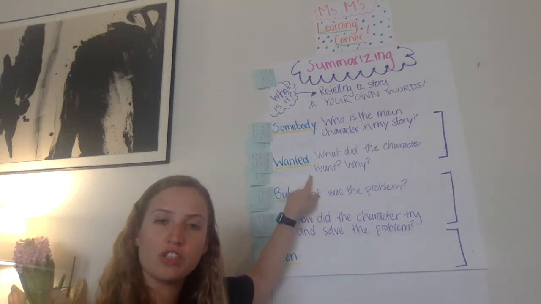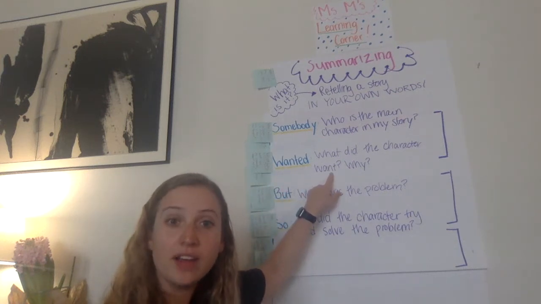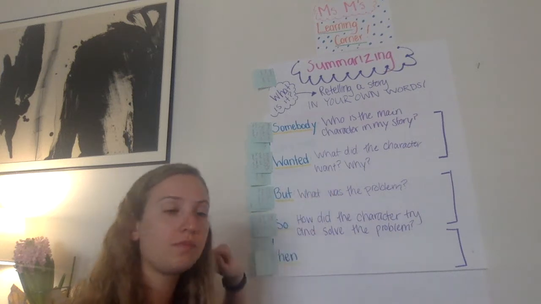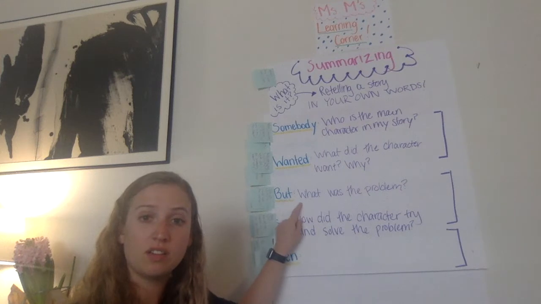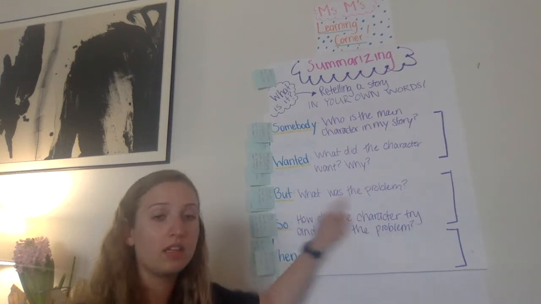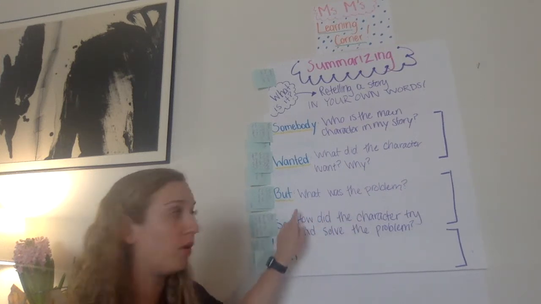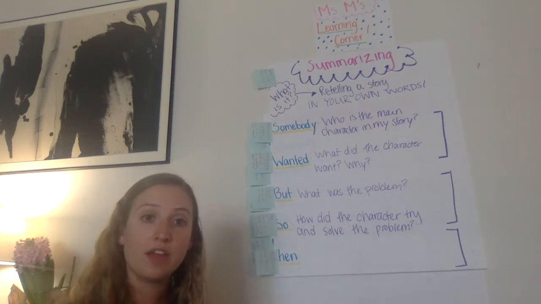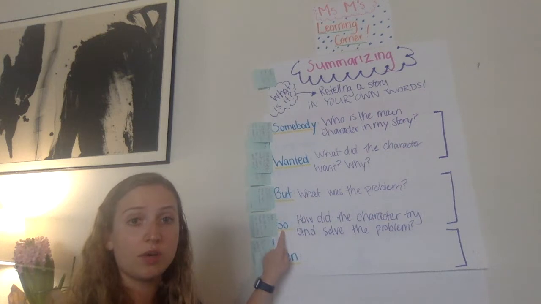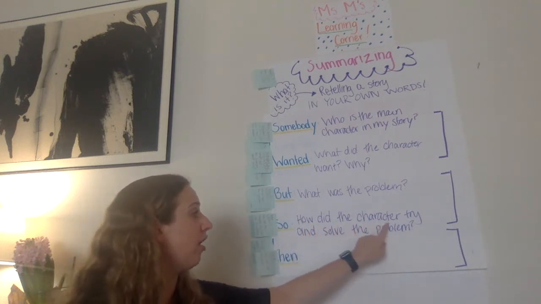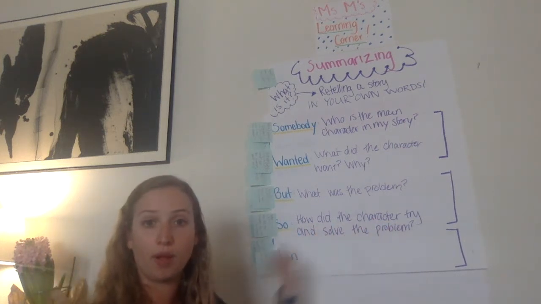You're going to answer the question, what did the character want and why did they want it? Your third sentence is going to start with but. What was the problem? That's the question you're answering with your word, but. Then you're going to move on to your sentence starter, so. And you're answering the question, how did the character try and solve the problem?